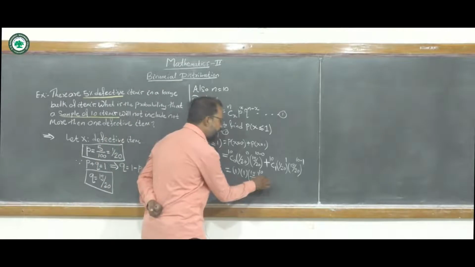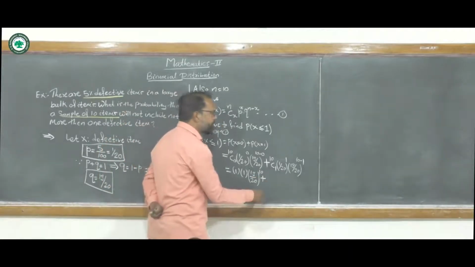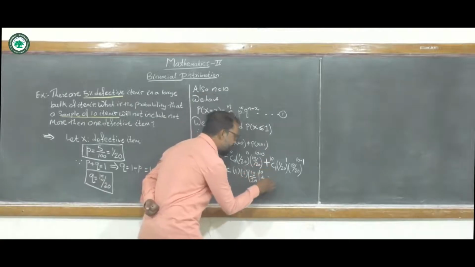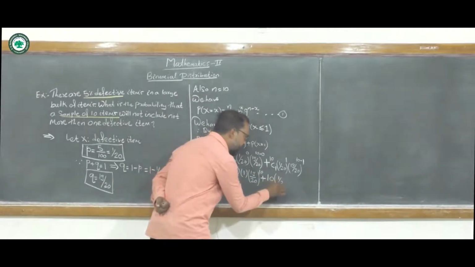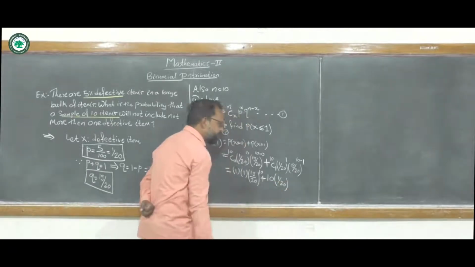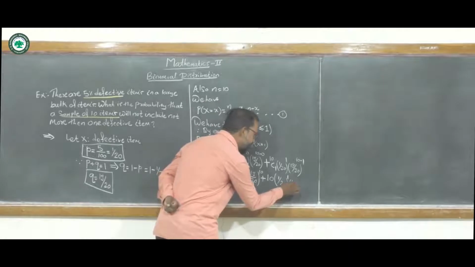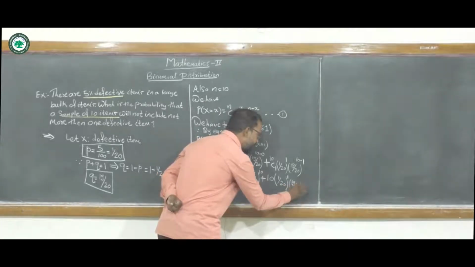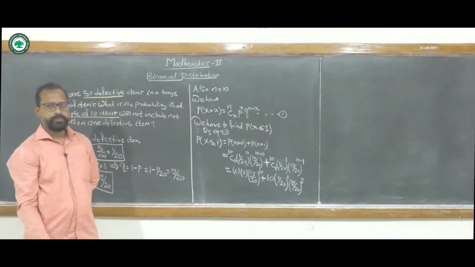Now plus, we know that nC1 is n, so 10C1 is 10, into 1 upon 20 raised to 1, into 19 upon 20 raised to 9.